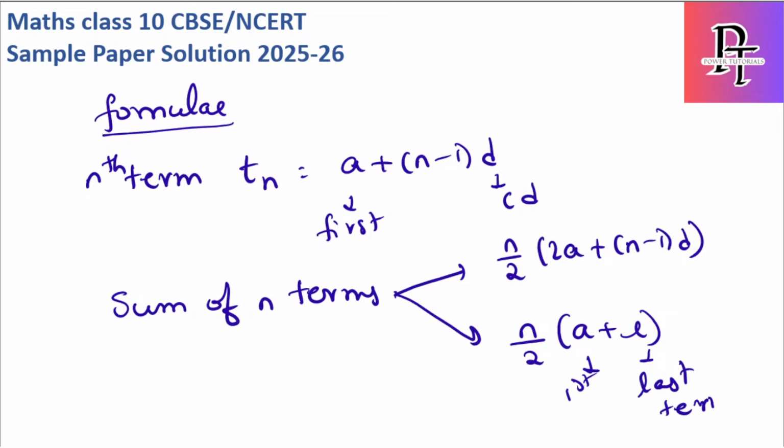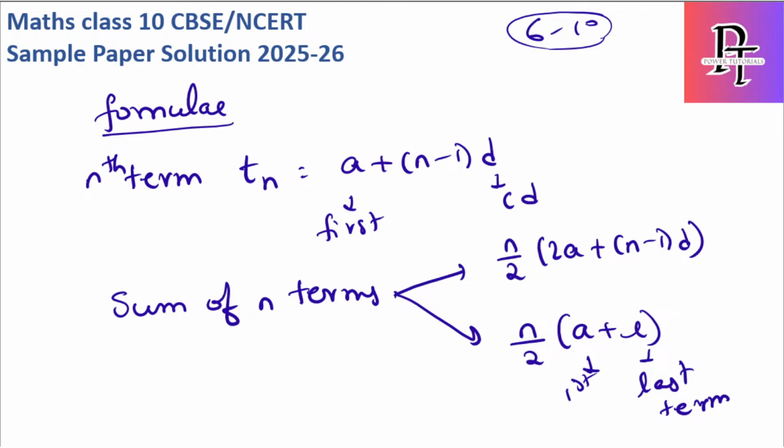Okay, so if you remember just these two formulas, and if you understand the logic they are asking in the question, you can easily solve any question related to the arithmetic progression chapter. I can say this is a very important chapter, and at the same time a very easy chapter as well. You can easily score 6 to 10 marks of weightage in your final paper if you clearly follow these formulas.